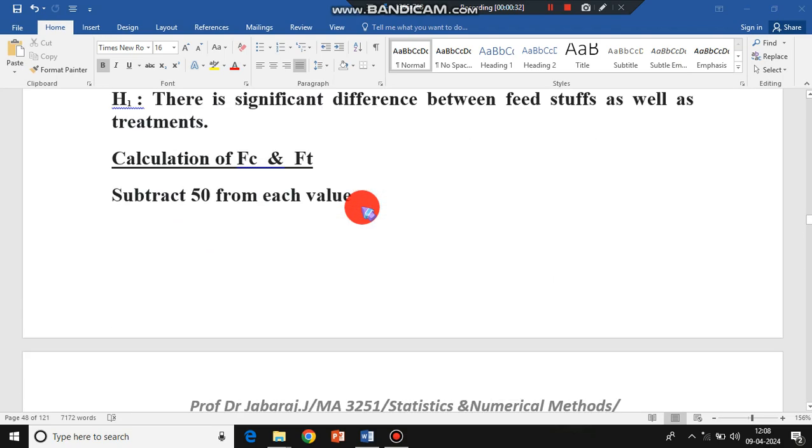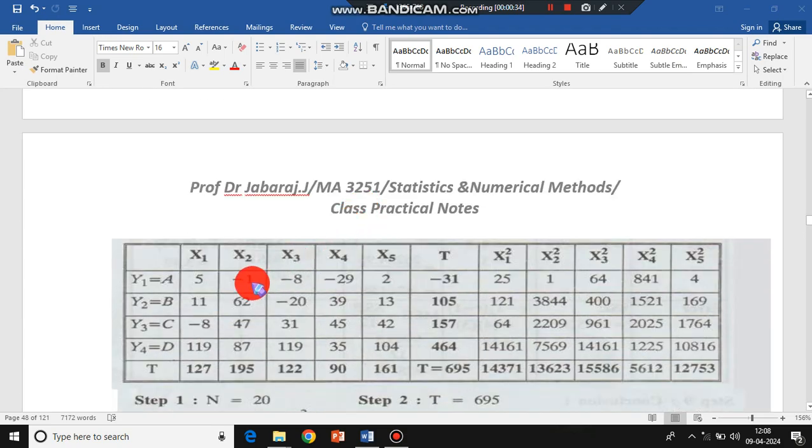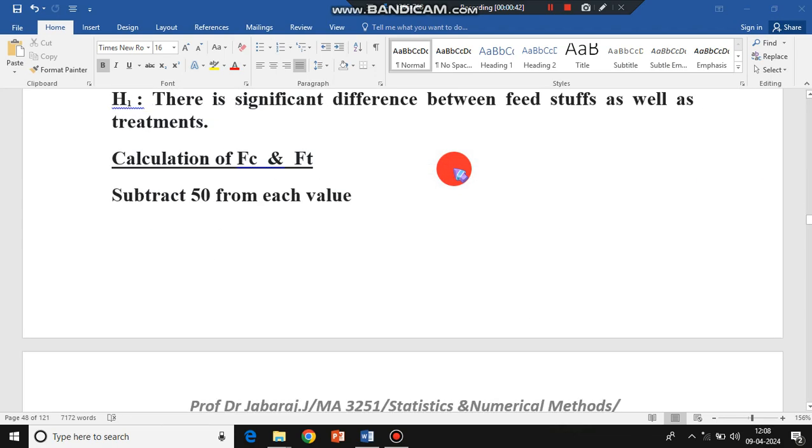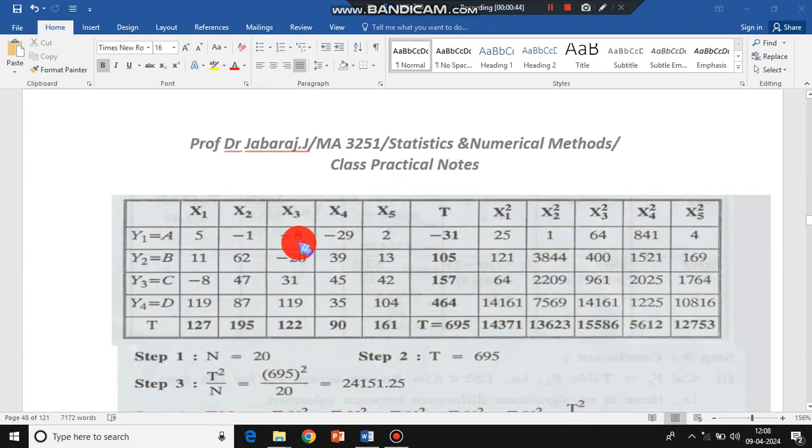Then 42 comes, 42 minus 50, minus 8 comes, and minus 8 comes here also, first row, third column. Similarly I can get all these entries.